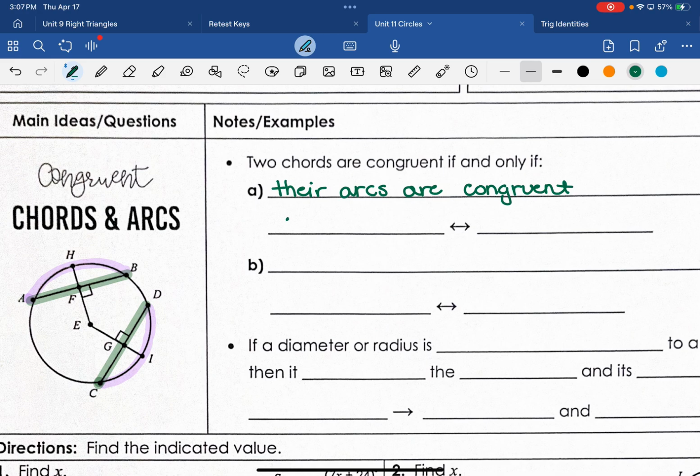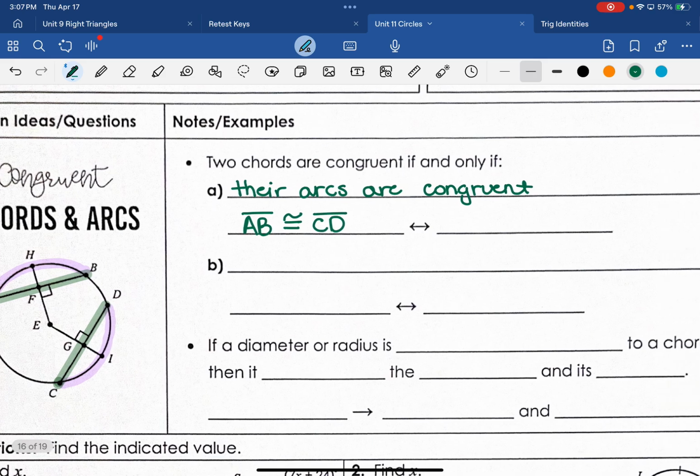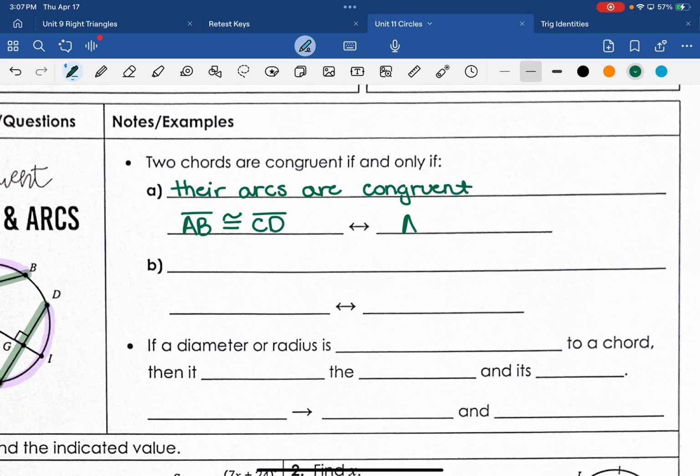So right here, if I said chord AB, I'm going to put a line on top because this is a length. When we're talking about chords, we're talking about the length of that line. If that length is congruent to the length of CD, then the measure of arc AB, which is my purple highlighted part, is congruent to the measure of the arc CD.